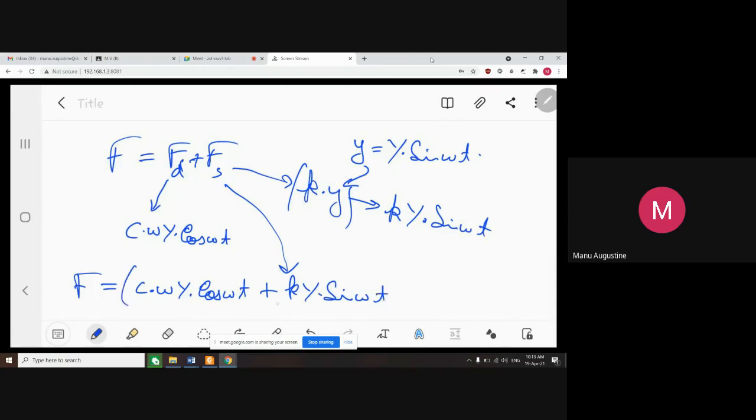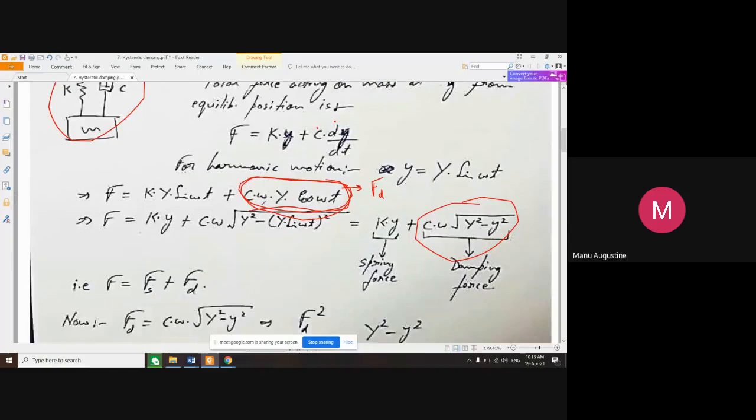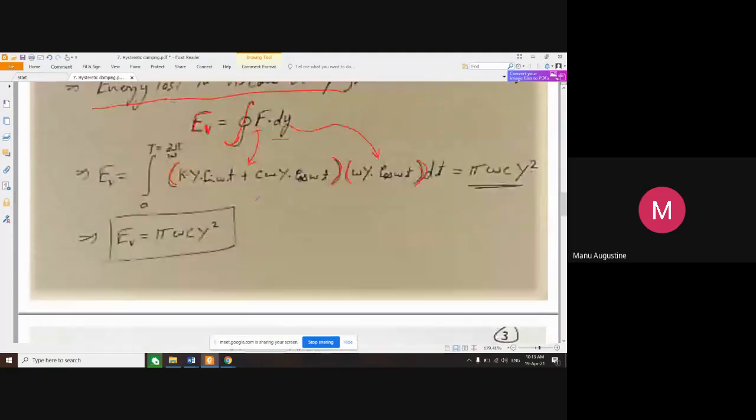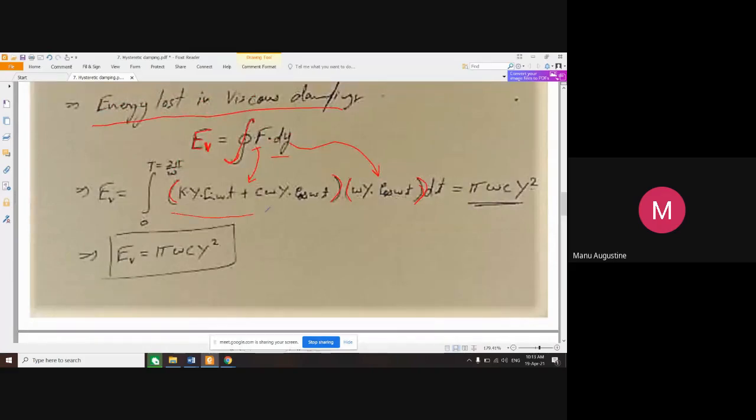So this is how we arrive at the expression of capital F. कैपिटल F का एक्सप्रेशन अपने पास में आ गया: kY sin omega t plus this, and dy is obviously this because y is capital Y sin omega t. So if you differentiate this expression, you get dy as omega Y cos omega t.